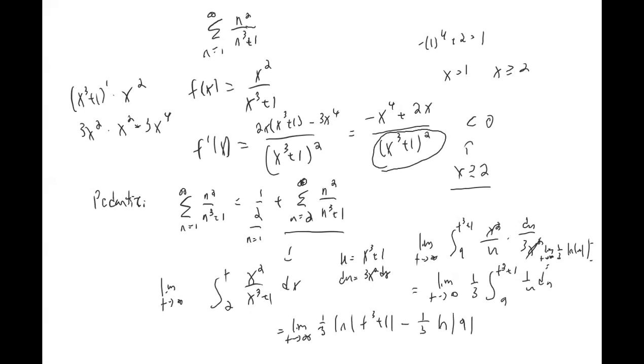So when t goes to infinity, where does this term go? I don't care about the second one because it's a finite number, but where does this go when t goes to infinity? What's natural log of infinity, in a way?